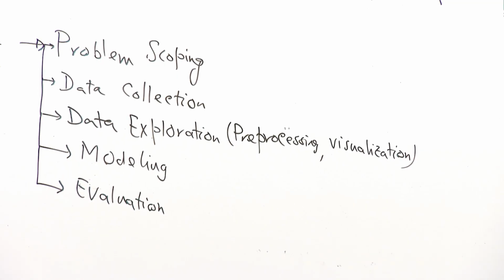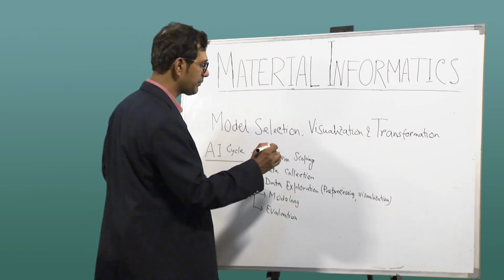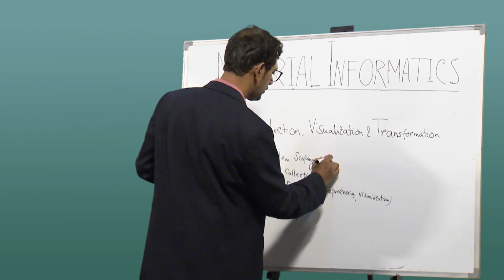So, this is the typical AI cycle, and in this AI cycle model selection is a very critical step, right, very critical. So, this is the fourth step in the whole AI cycle. So, what do you do there? First step in model selection is understanding the problem and data. So, therefore, in problem scoping, you have to understand the problem.